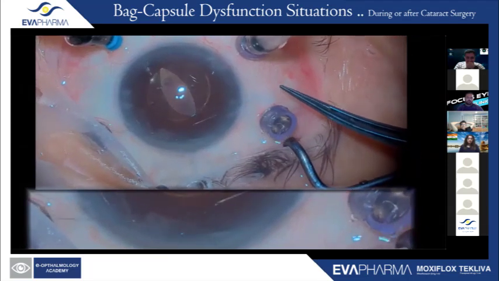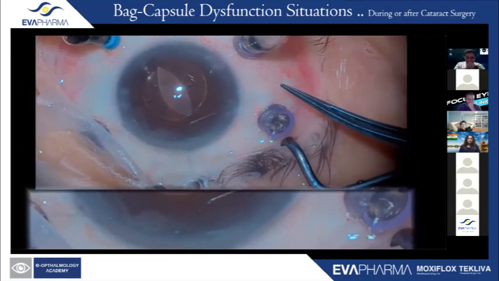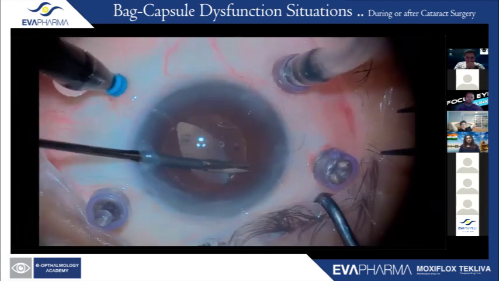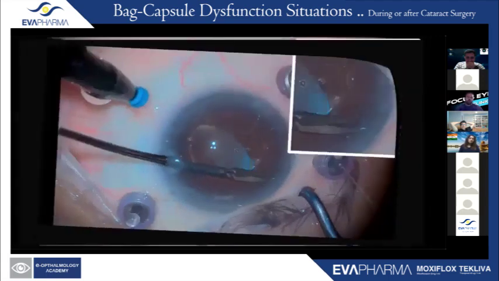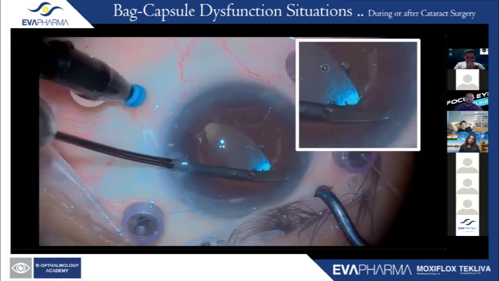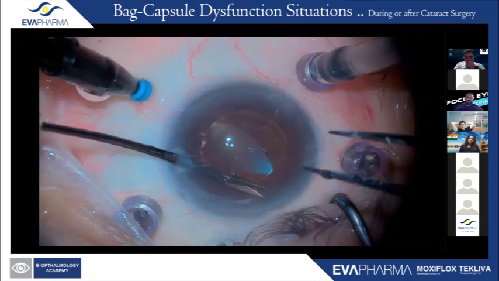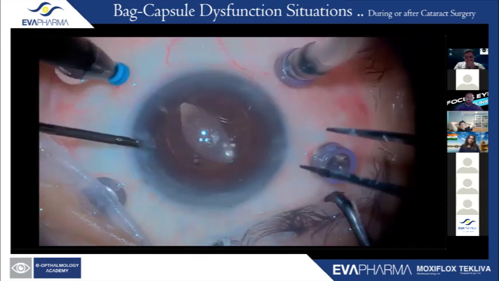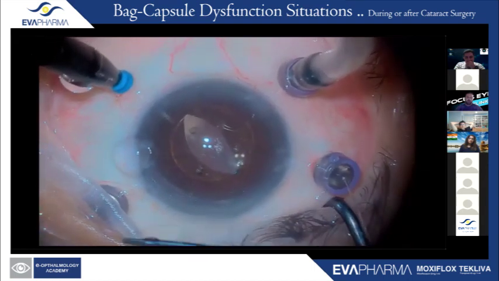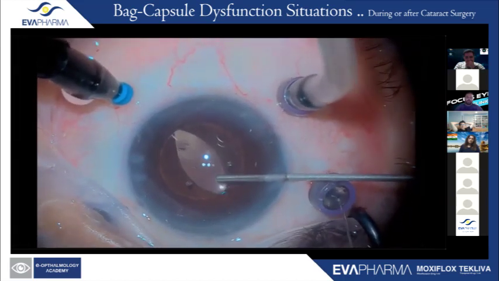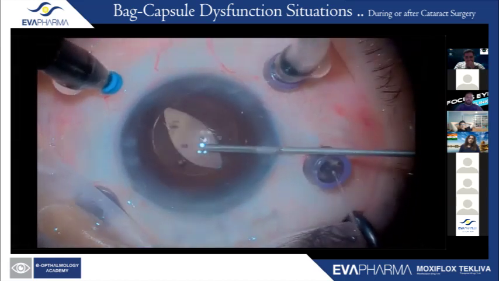Now, the upper haptic. The good thing with the 3-piece IOL is when it is iris captured, it self-centers. Now, you cut the remnant sutures and just push the optic behind the iris.